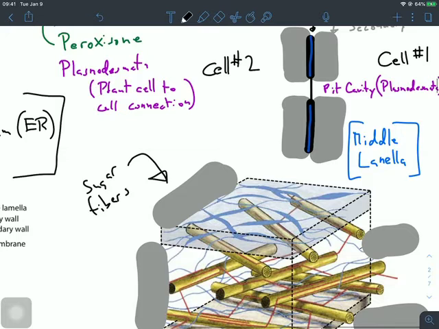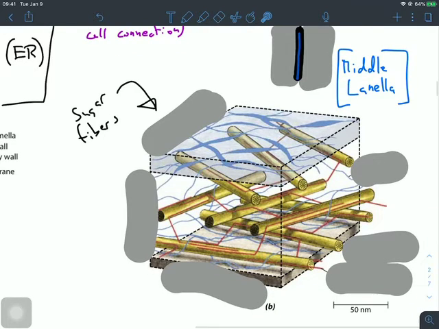So when I draw that black line of the plant cell wall here, I want you to know that this is the structure that we're actually looking at. The middle lamella is on the outer layer, and it's a soft connection between our cells.